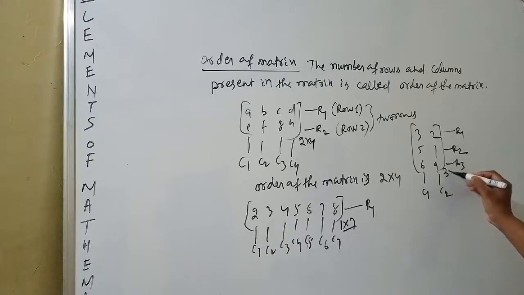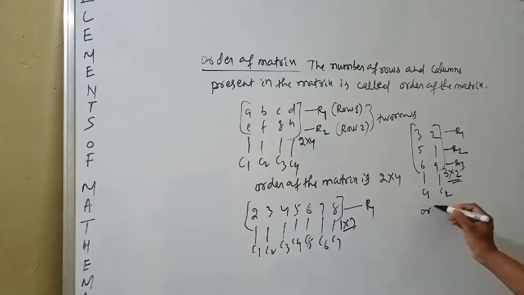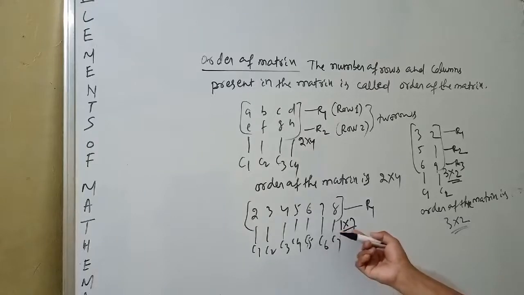So the order of this matrix is 3 cross 2.